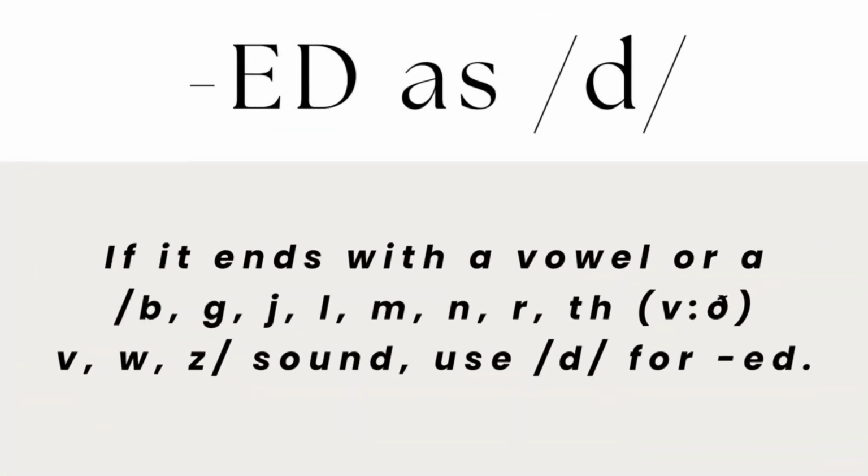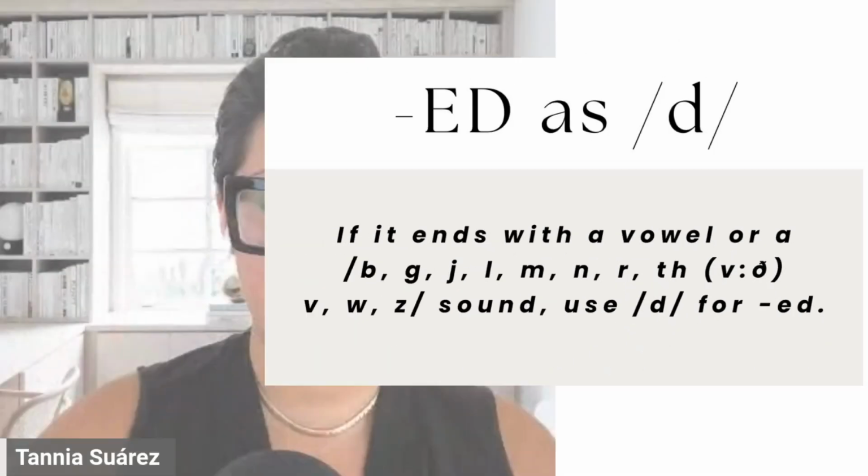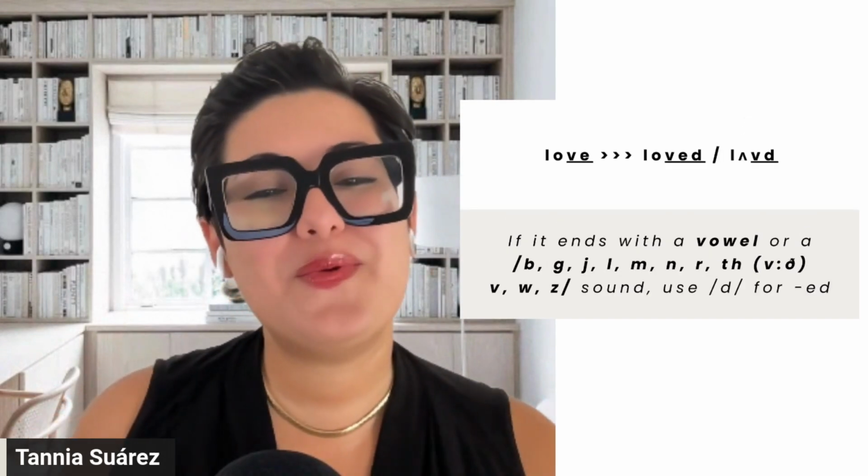Okay, next up, we have the ED as d. So the general rule here is if the original verb, the root verb, ends with a vowel sound or one of these sounds that you see here, you're going to use d for the ED sound. So let's take a look at what this means in practice. For example, here we have love.